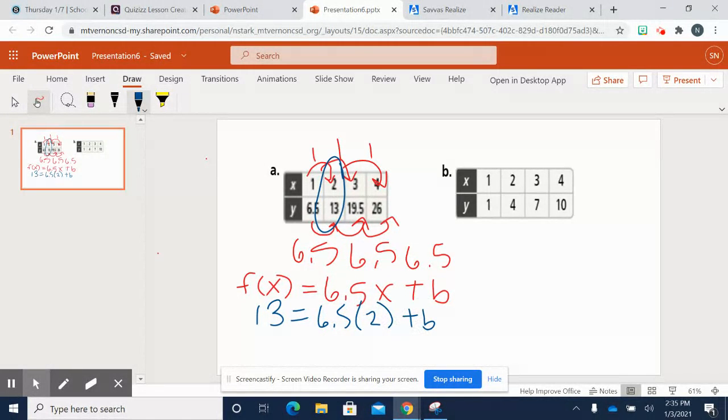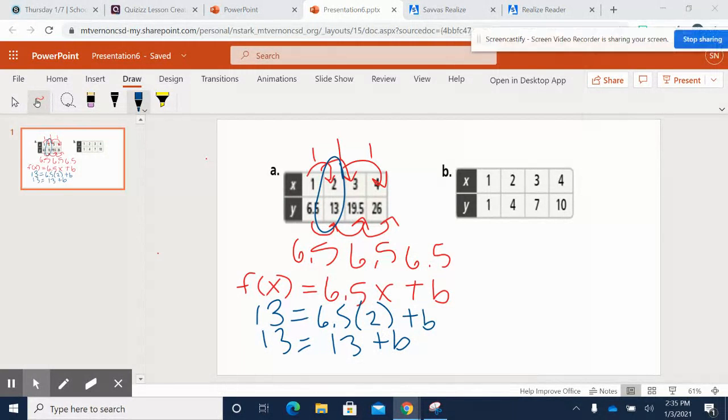We're going to figure out what b is. Okay, 6.5 times 2 is 13. When I take away 13 from each side, okay, I get 0. So 0 is equal to b.